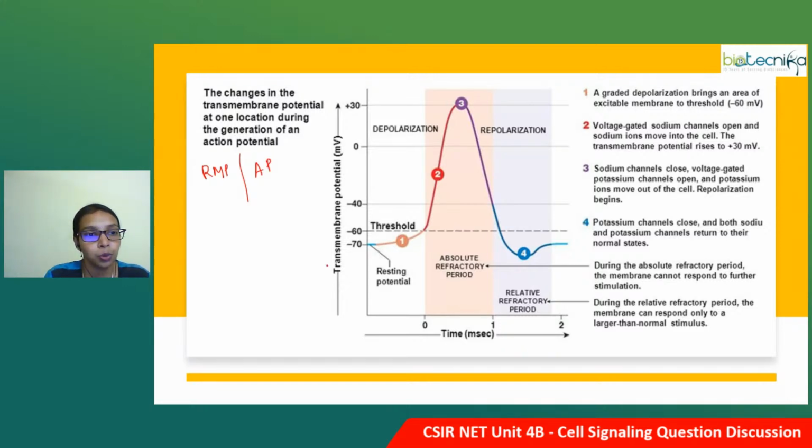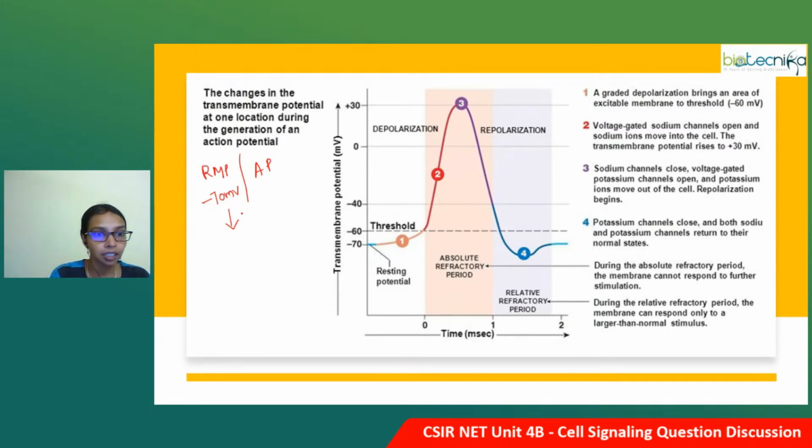Yes, Ashu. Resting membrane potential basically lies at minus 70 mV. Who is responsible for maintaining this resting membrane potential? How is minus 70 mV maintained at resting membrane potential?